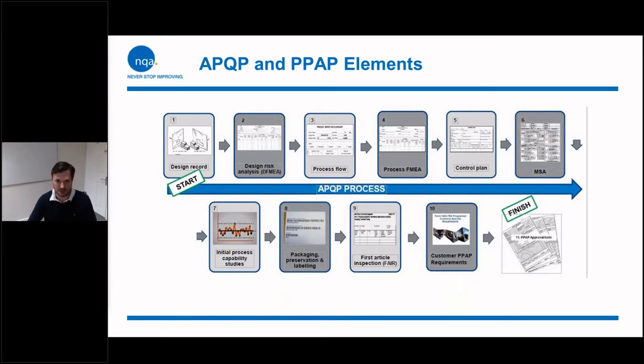So you're probably doing some of these elements. Process flows, you're probably doing them anyway, because most organisations are doing process flow charts nowadays. You may be doing FMEAs. You're probably doing first articles at least, FAIRs, things like that. So some of these elements you're already doing anyway.